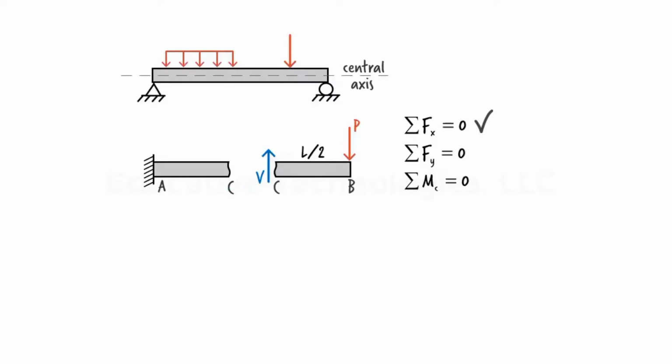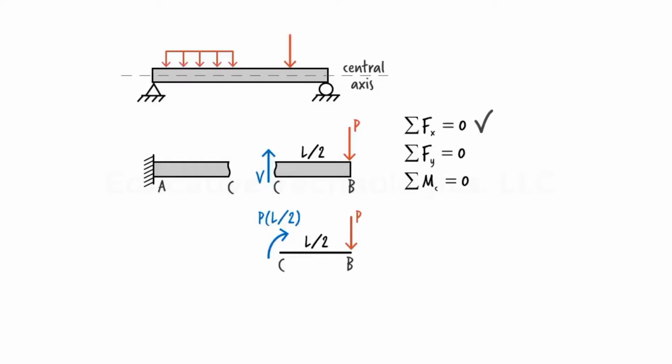To satisfy the third equilibrium equation, it is important to recognize that P creates a moment about point C. For the sum of the bending moments to be 0, a bending moment must be present at C. The magnitude of this moment must be equal to the magnitude of the moment that P creates about C. The two moments, however, must act in the opposite directions in order for their sum to be 0.